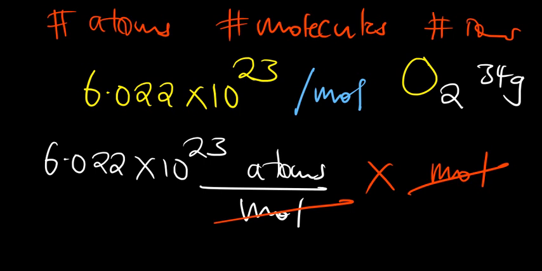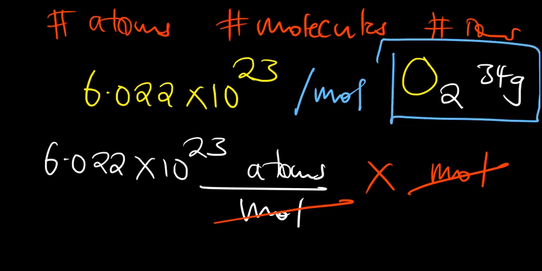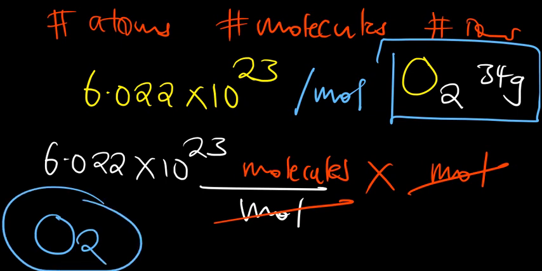Determine the number of oxygen atoms contained in 34 grams of oxygen, which is existing like that. Well, I would actually start with the number of oxygen molecules. How do you determine the number of oxygen molecules? When you look at O2, this is an oxygen molecule. How many are there in 34 grams of oxygen? You multiply by the number of moles.